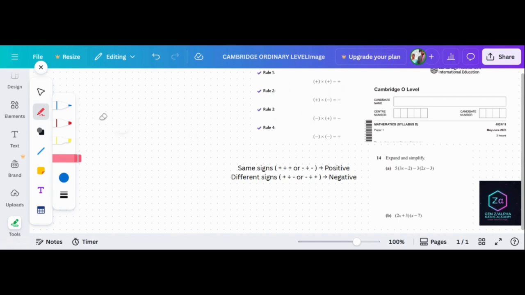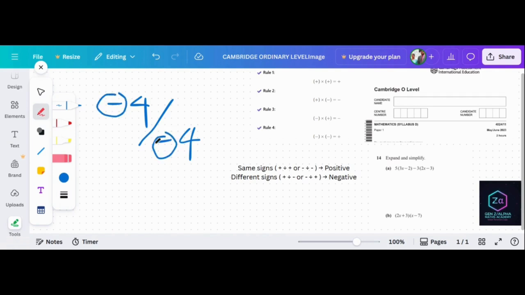The same scenario happens when we are doing division also. Let's say we divide minus 4 by minus 4. It is the same as in multiplication, minus minus.